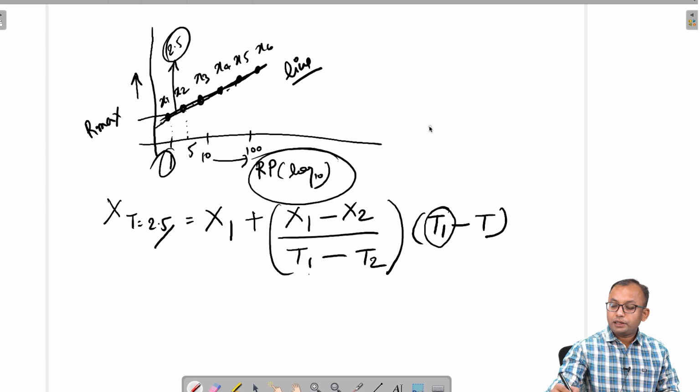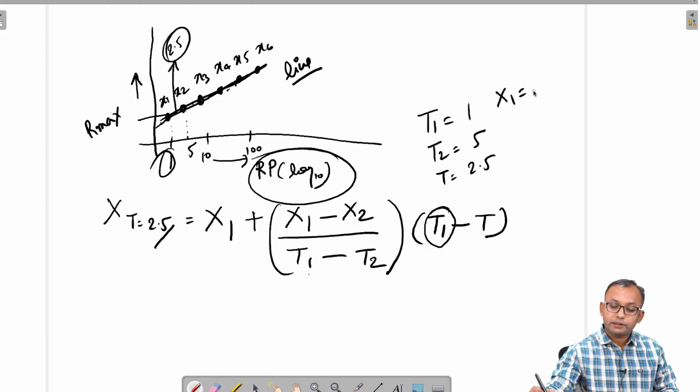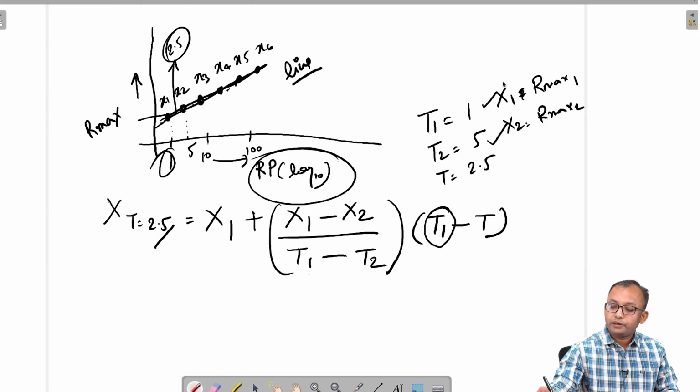t1 is equal to 1, t2 is equal to 5, t is equal to 2.5, x1 is equal to let us say some value, okay. x1 is your first R max value, and x2 is equal to the second R max value at the 5 year return period.